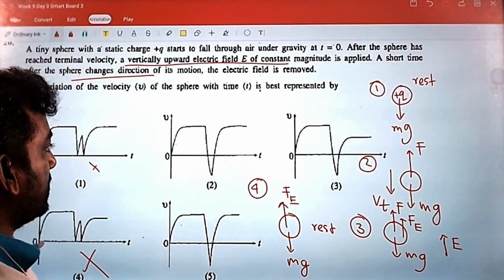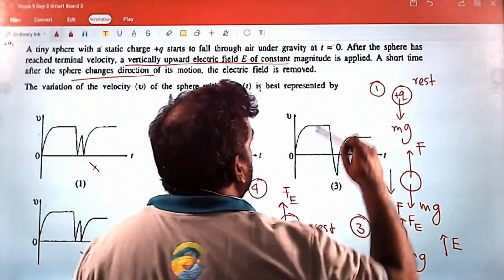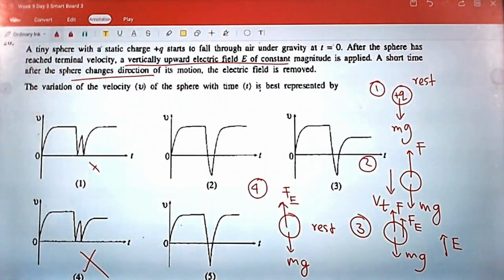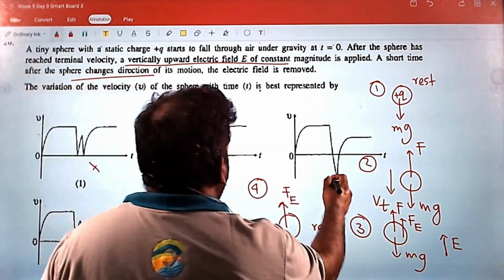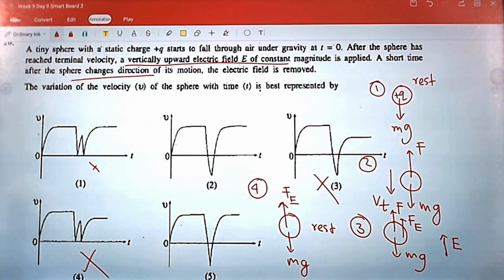And again this motion repeats. If the motion is repeating, it will reach the same terminal velocity. So it can't be answer number 3. Your selection is between answer 2 and answer 5.